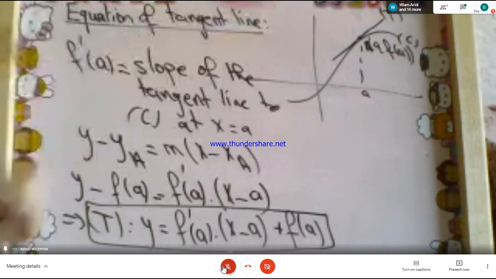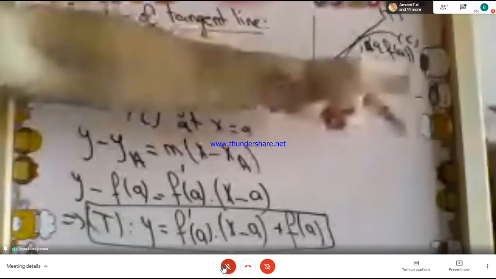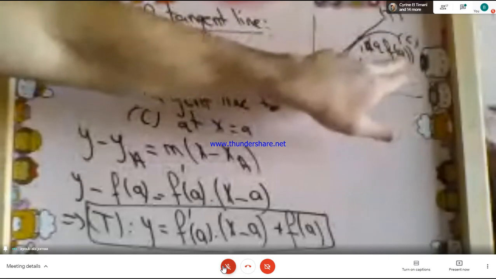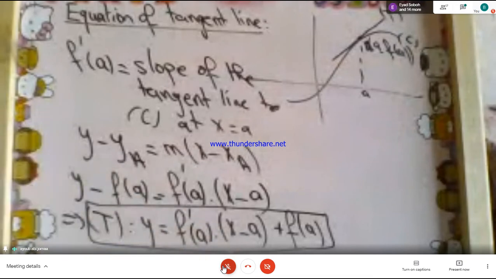So in the neighborhood of this point, if I have to find f of a certain value, instead of replacing x or a, whatever, in the function f, I replace in the equation of the tangent line.